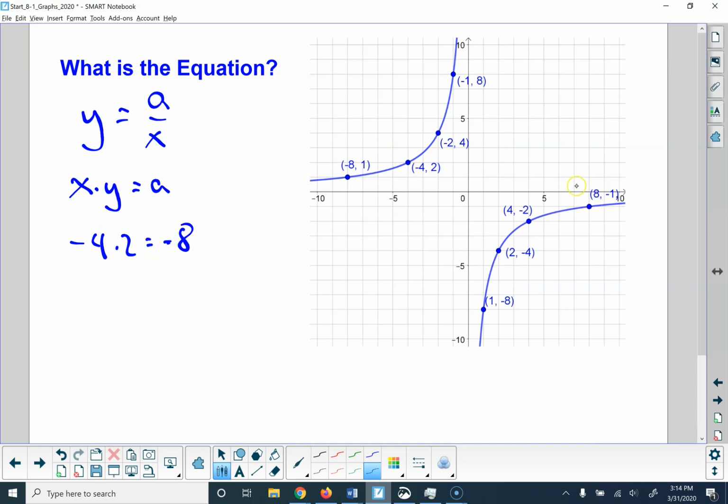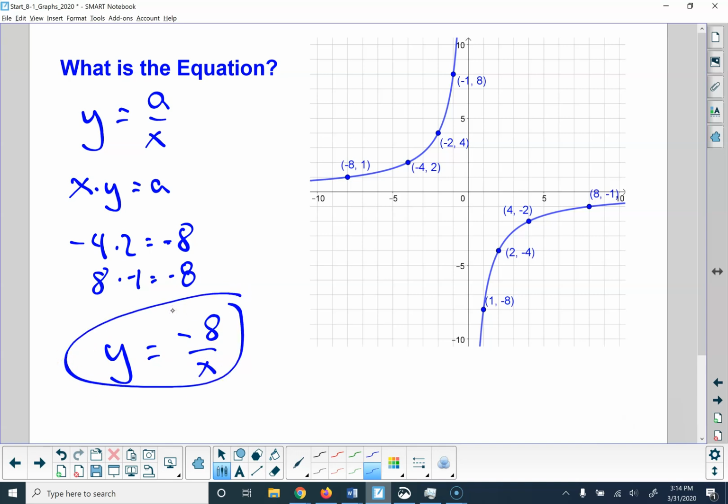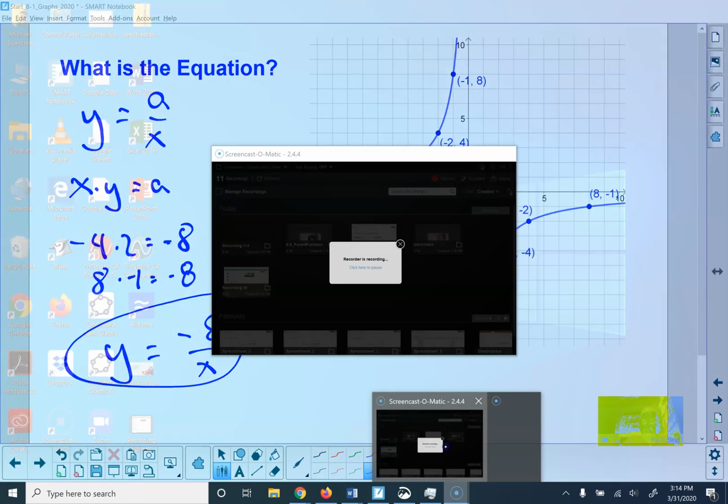How about (8, -1)? 8 times -1 is -8. No surprise, everything's multiplying to -8. So a is -8, and we have the equation y equals -8 over x. You could go to Desmos or someplace like that to verify that that's the equation. It all works. Try it out, see what you've got, make it happen. It'll all be good.